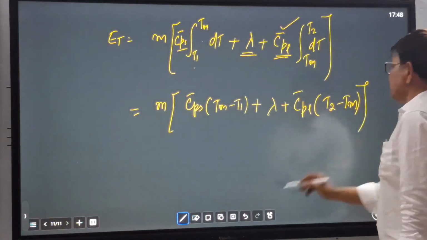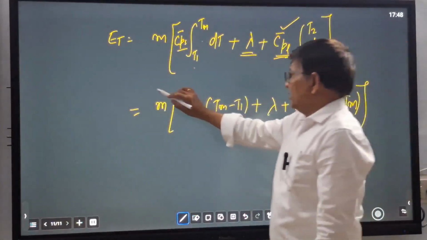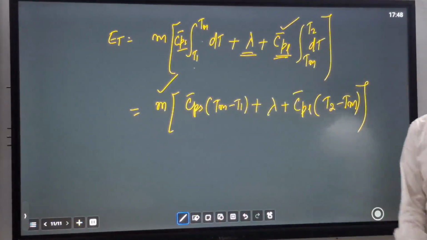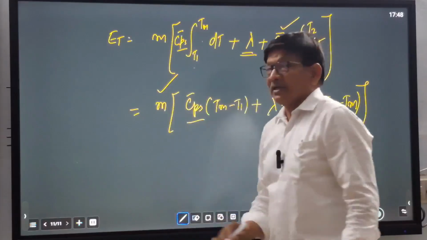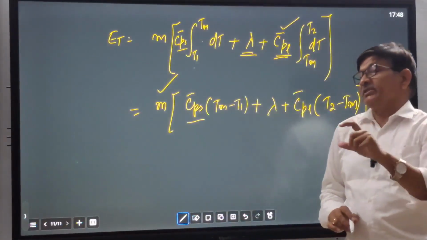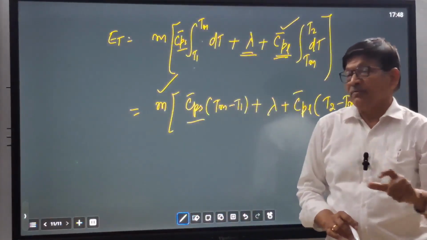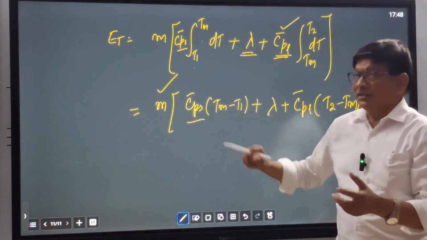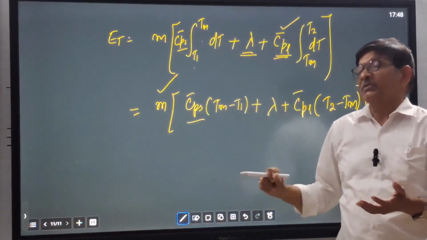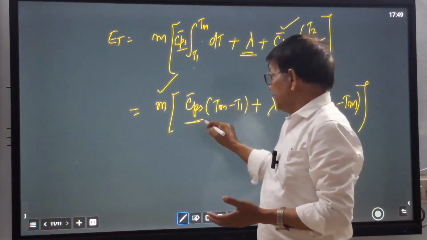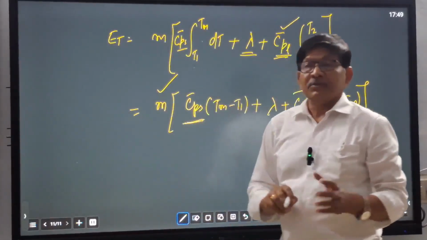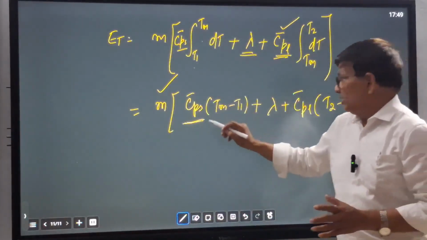This is the total energy stored, where m is the mass of the energy storage material in a container. Cps is an average, because when temperature changes, the specific heat also changes; specific heat is a function of temperature. So over the whole temperature change it may vary, and we take the average specific heat in the solid state.